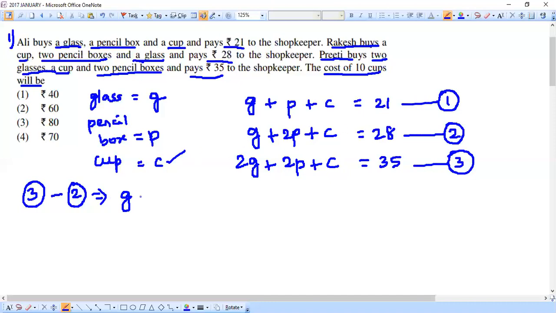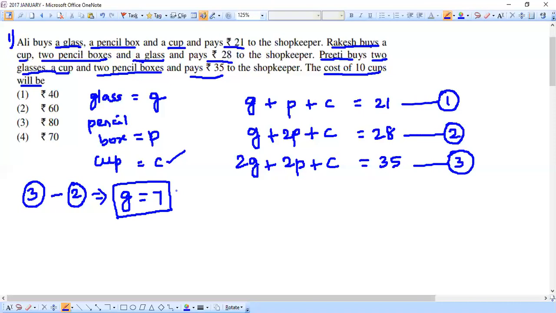So G is equal to, now coming to the right hand side, in equation number 3 we have 35, and in equation number 2 we have 28. So all we need to do is 35 minus 28, which is simply 7. So now we got G is equal to 7. That means the price of one glass is equal to 7 rupees.